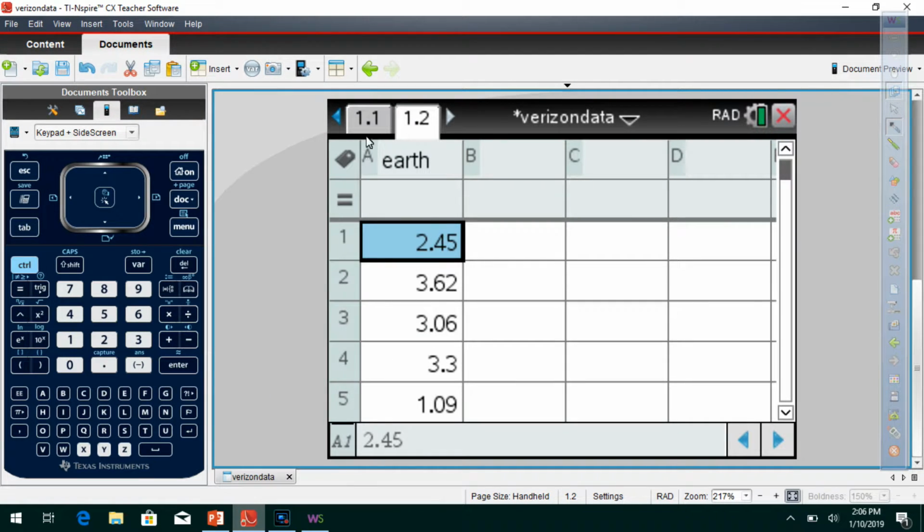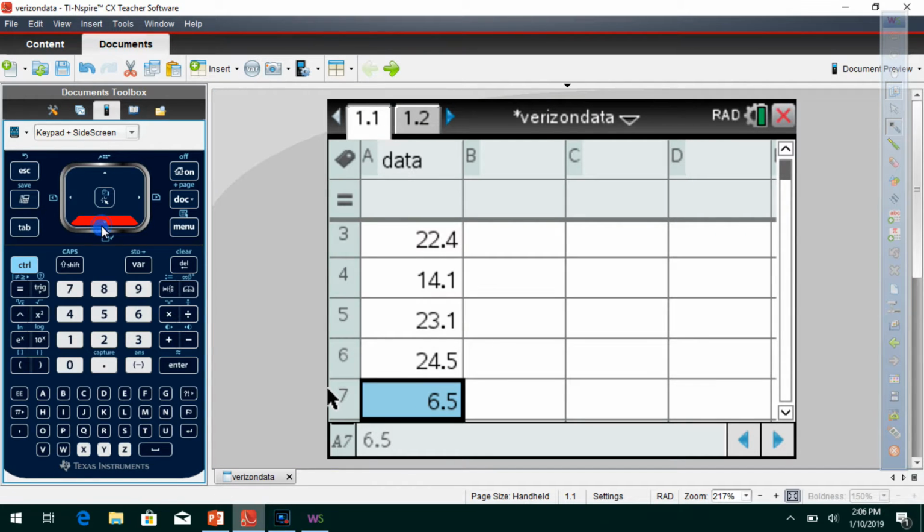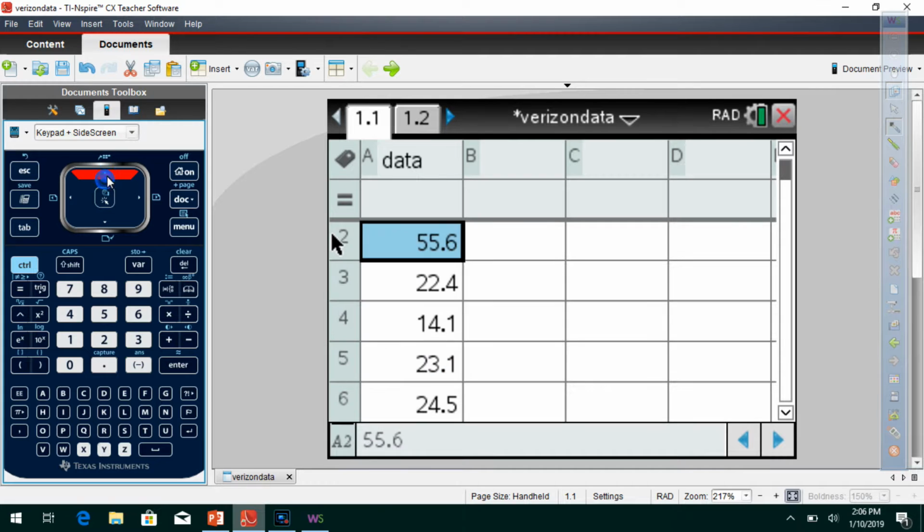We did 5, those are the 5. But this time I've got like 50 of them from Verizon. So there's a whole bunch. Let's find the mean.